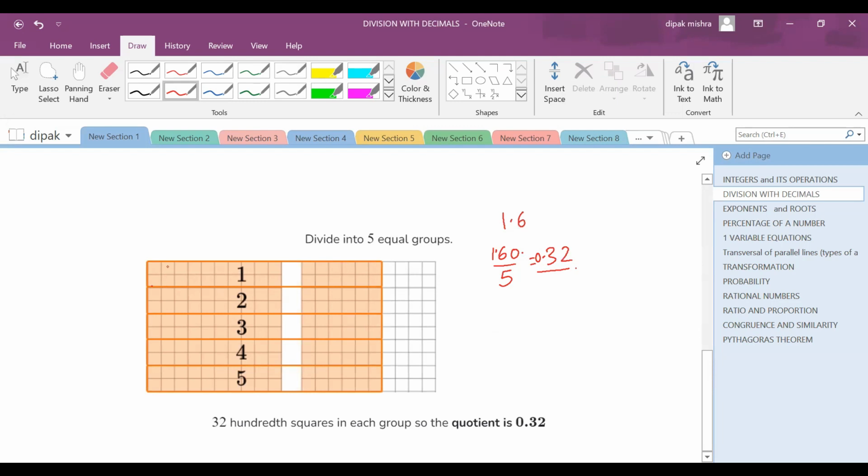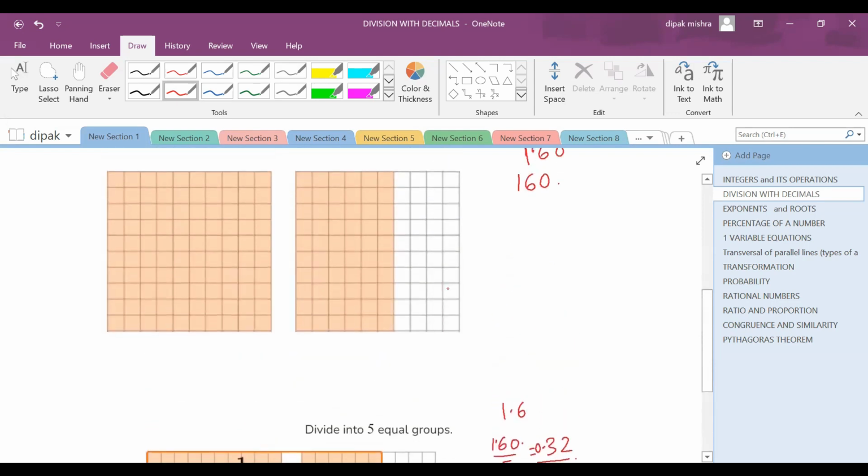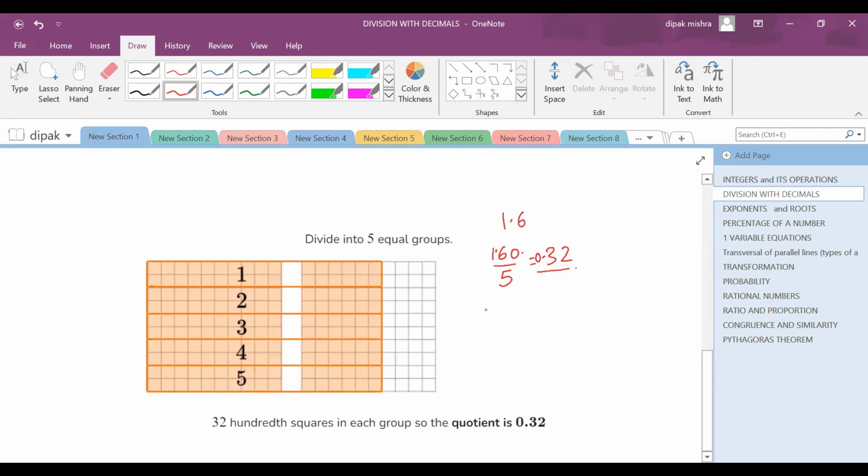So basically we are seeing this grid, these two grids, if you combine this, each grid is a 100 square grid. Which means 2 places after decimal constitutes the 100th place, right? So that's why we are getting 2 digits after decimals. It's like a normal division, only the difference being the interpretation, right?